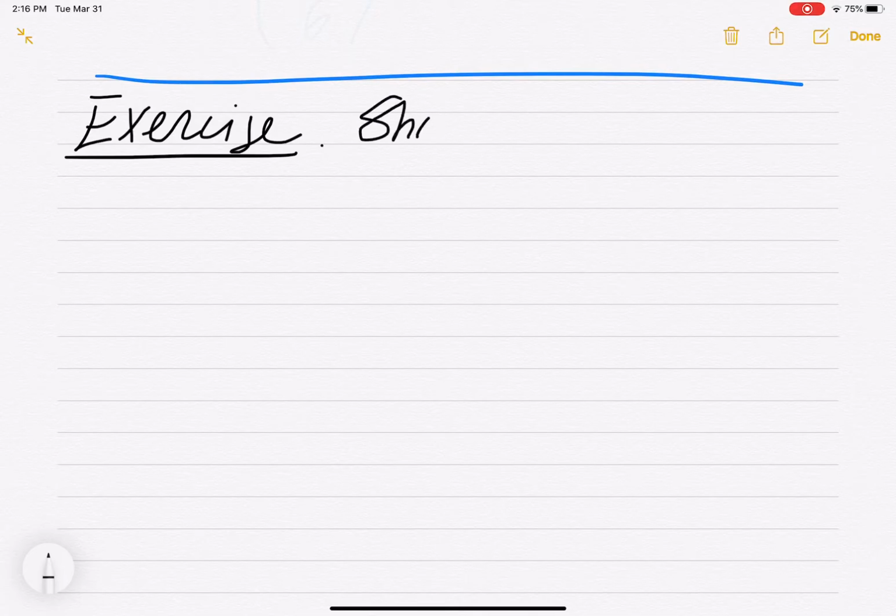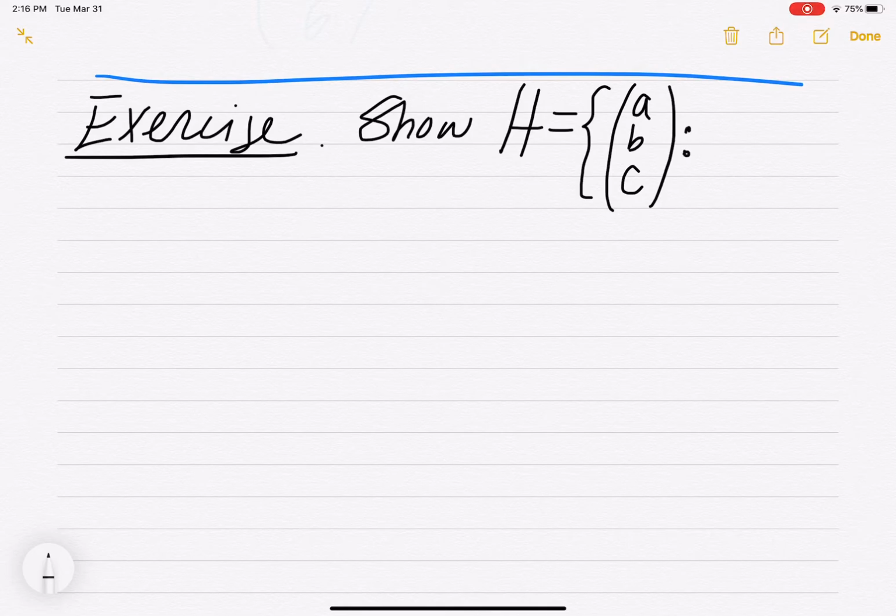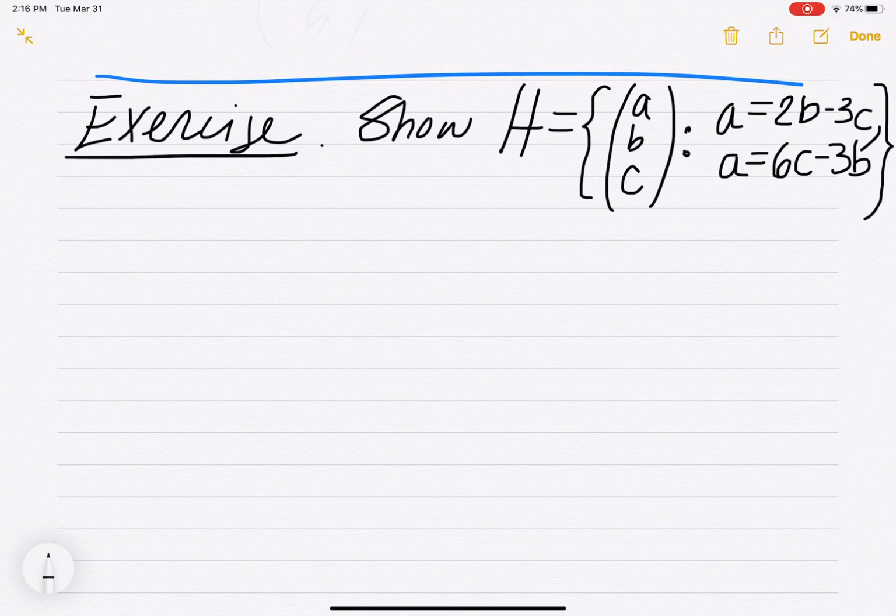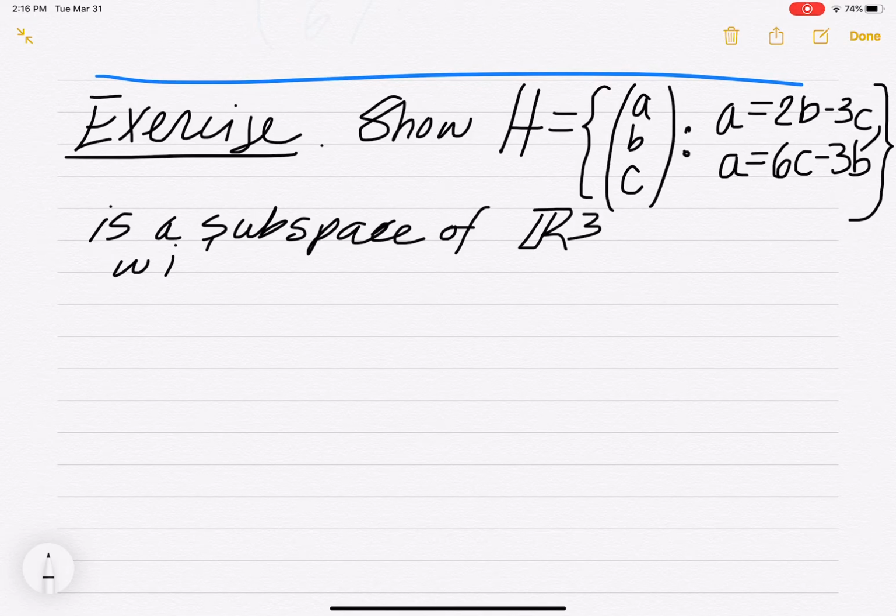We want to show that H, which is the set of all vectors of the form (a, b, c) such that a = 2b - 3c, a = 6c - 3b, this set of vectors that satisfy those two equations, is a subspace of R3, without using the subspace test.